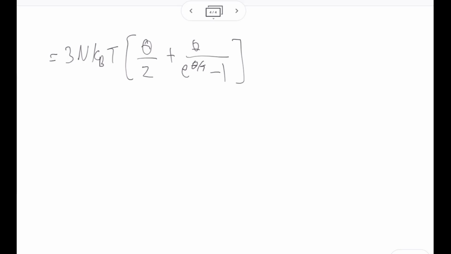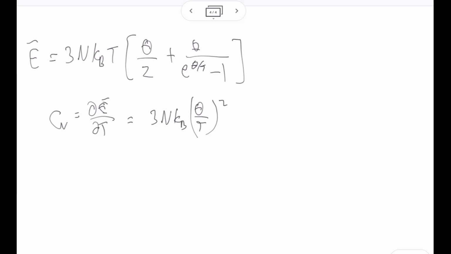All right, so CV equals partial e partial t. This is, remember, e bar. So this equals 3n kB theta over t squared times e to the theta over t divided by e to the theta over t minus 1, squared.